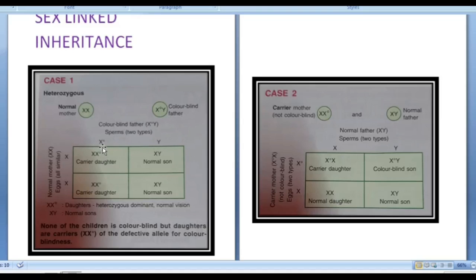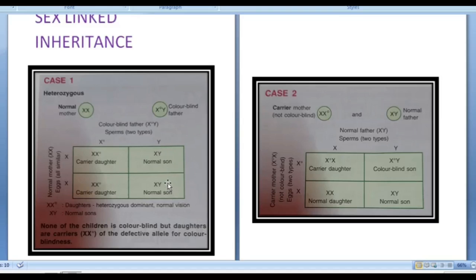The gametes that will be formed from father will be X0 and Y. From mother it will be X and X. And if you make a Punnett square for the cross, the children will be X X0, XY, X X0 and XY. That means there will be two daughters and two sons.